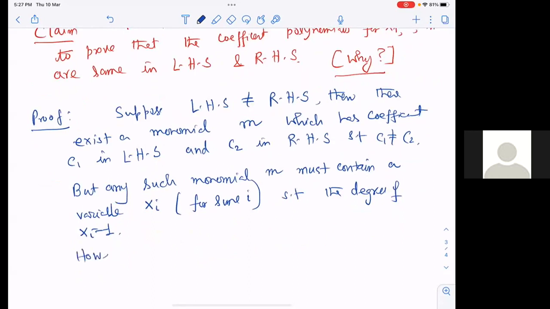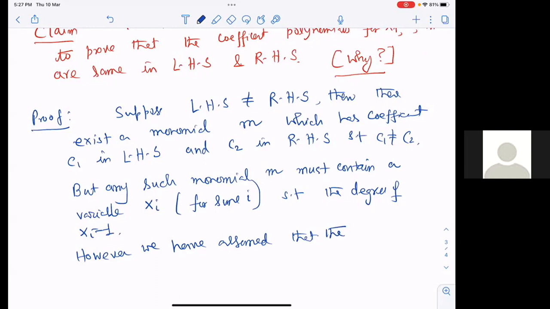However, we have assumed that what? Can somebody complete it? That the coefficient polynomials for all i are equal. Right, so this should not be happening. Very good.